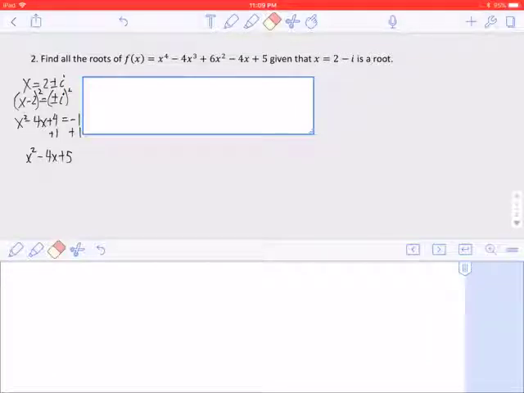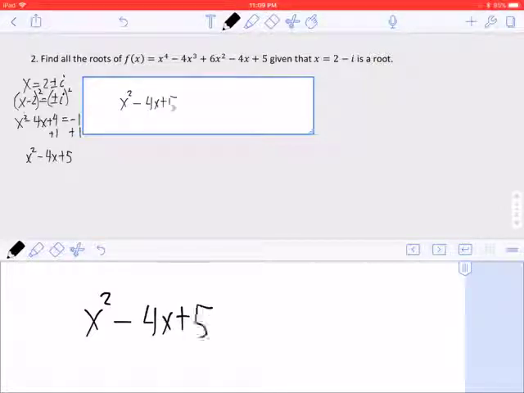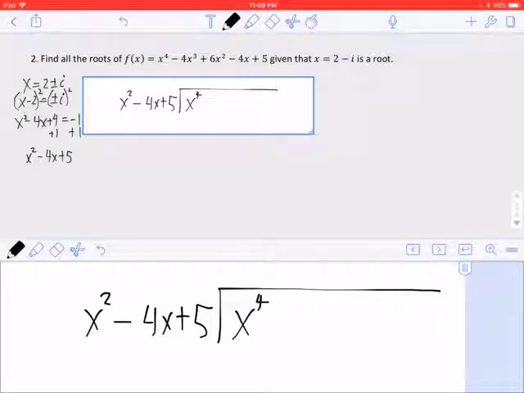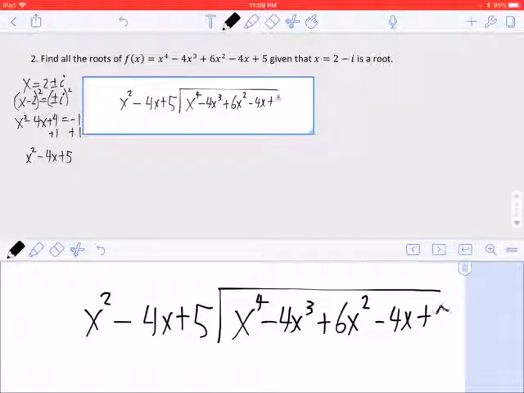All right, now, long division. So we know that this quadratic that we just made is going to have roots of 2 plus or minus i. So if we long divide into this quartic function that we're trying to find all the roots of, we should get a remainder of 0 and be able to find the last 2 roots that we need.